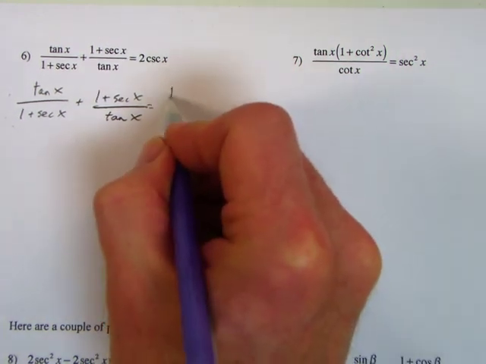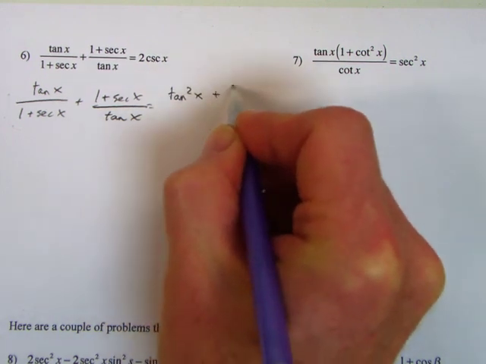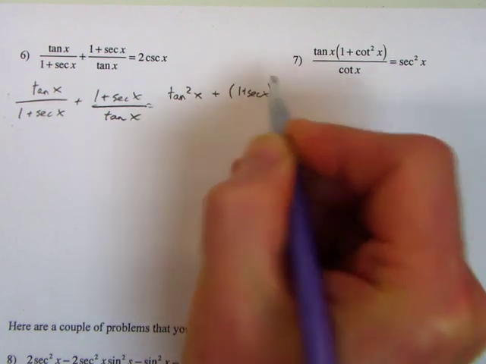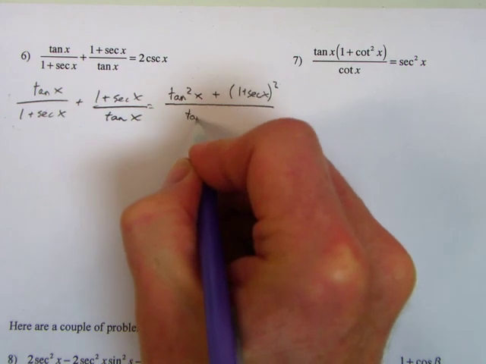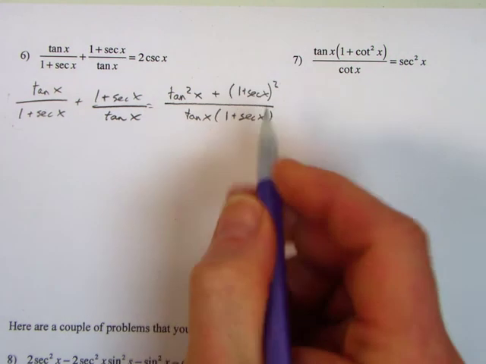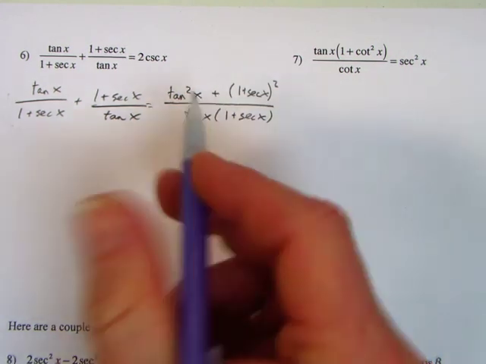So this gives us tan squared plus 1 plus secant x squared, all divided by tangent x times 1 plus secant x. Now on the bottom, you typically don't want to multiply that stuff out, just in case something can reduce out above.